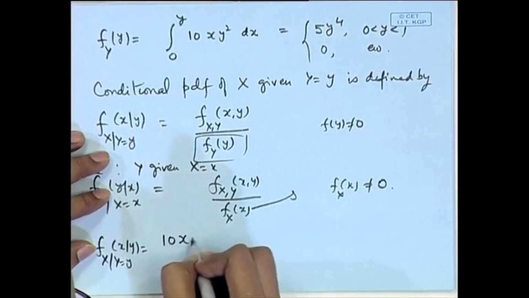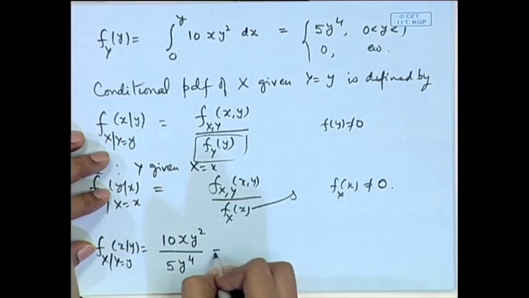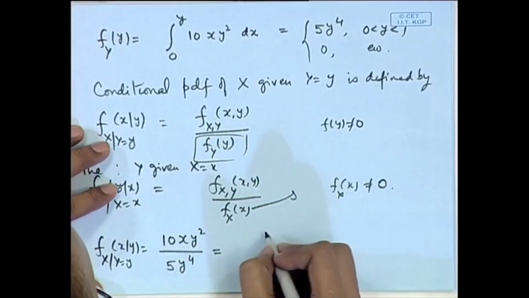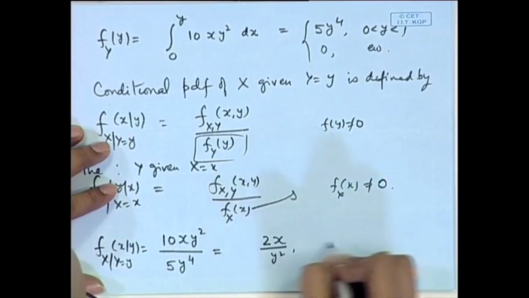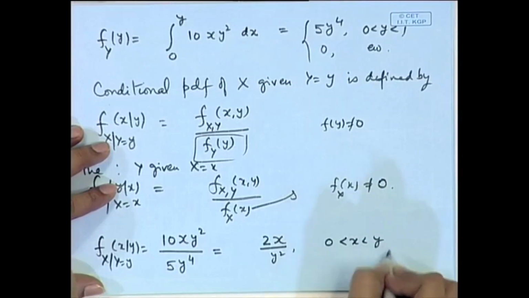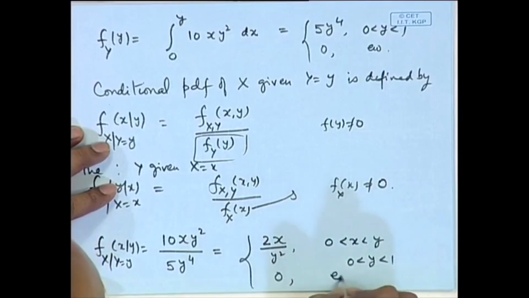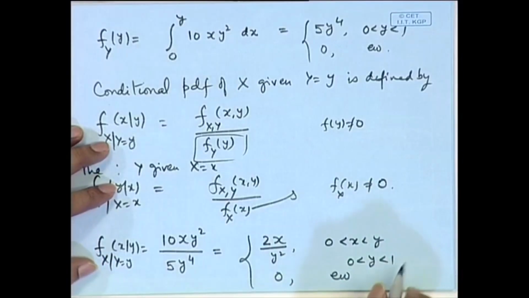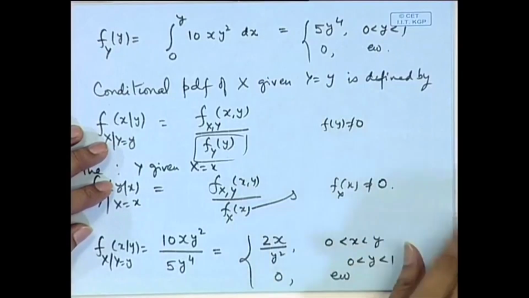So, 10 x y square divided by 5 y to the power 4 is equal to 2 x by y square, and the range of x is 0 less than x less than y, for a value of y between 0 and 1, and it is 0 elsewhere. You can check that it is a valid distribution. If we integrate from 0 to y, we will get y square. So, y square by y square will be 1.